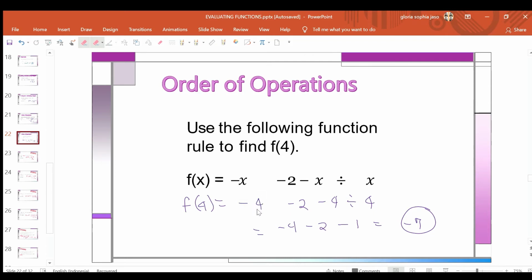So negative x, so it becomes negative 4 minus 2, just copy. Then minus x, so minus 4 divided by x, so divided by 4. Then simplifying, since sa PEMDAS natin, mauuna is si division. So ito yung unahin natin na i-simplify.